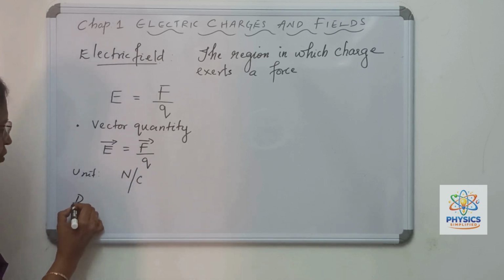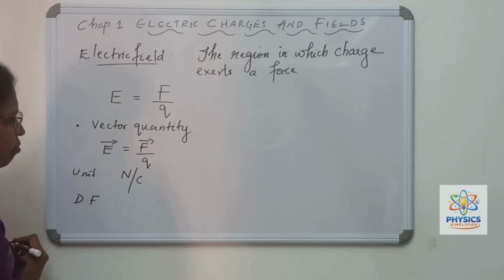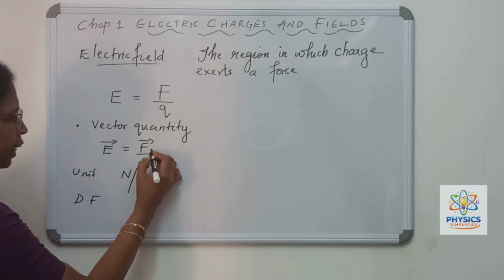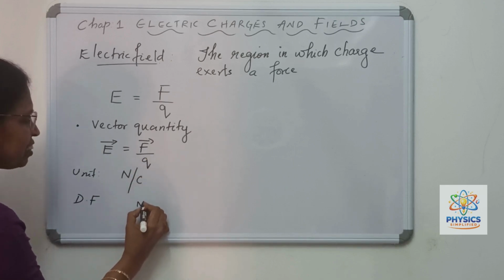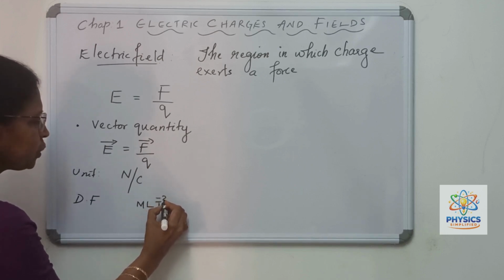And next we have to calculate the dimensional formula of electric field. So here the dimensional formula of force is M L T raised to minus 2.